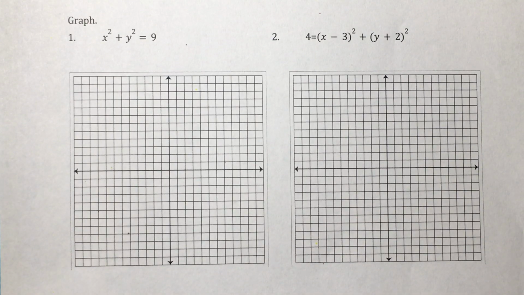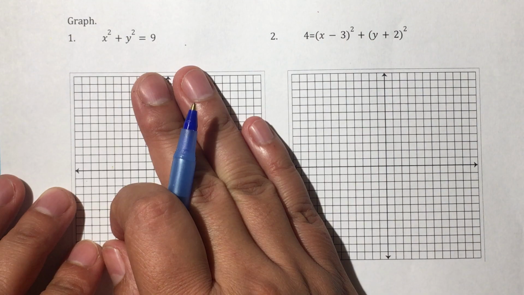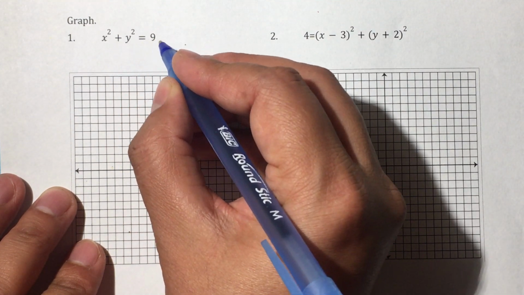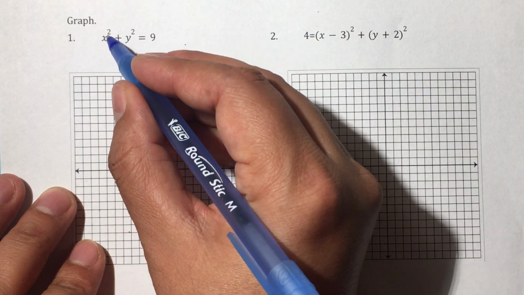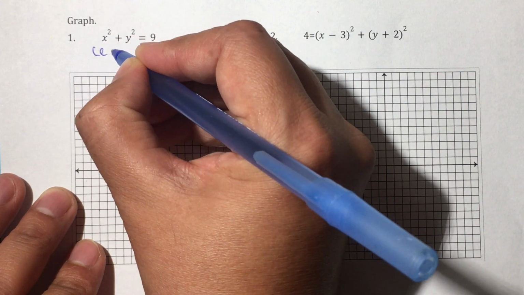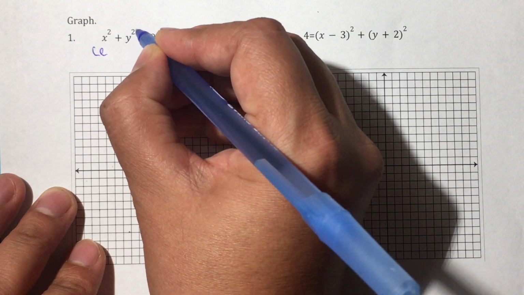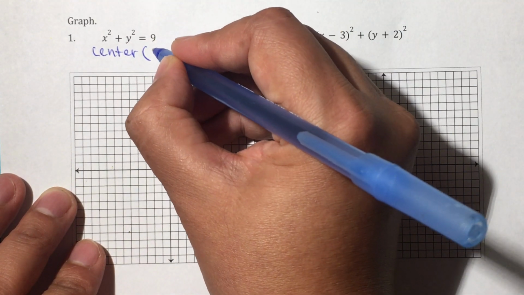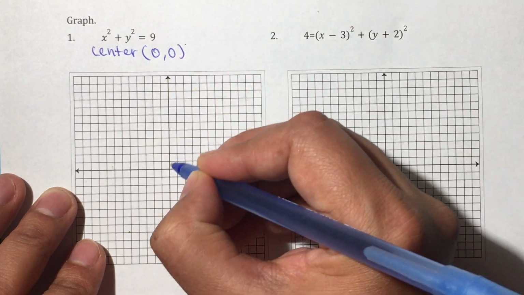Okay, now that we know where the formula for a circle comes from, let's use it so that we can figure out how to graph if we're given a circle equation. So in here we have x squared plus y squared equals 9. Because we don't have any being subtracted, when you just have x squared plus y squared, the center for this circle will be at 0, 0, meaning the origin.